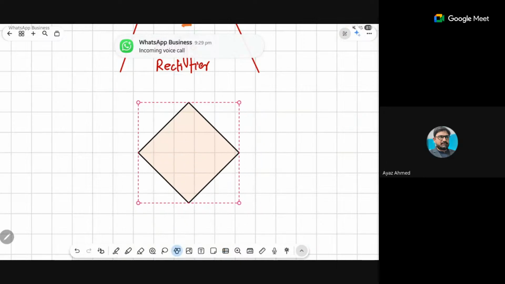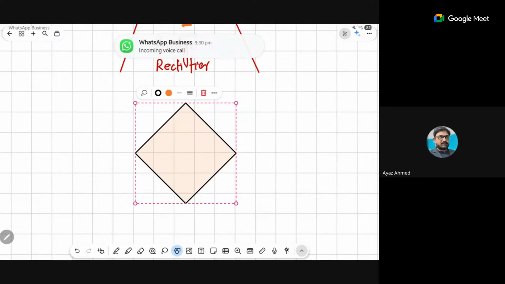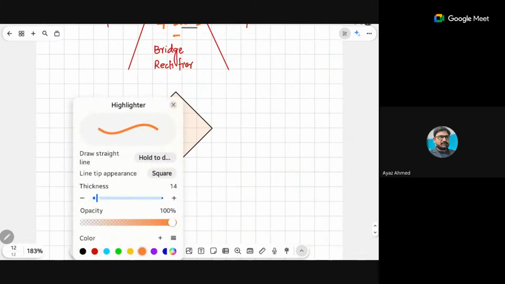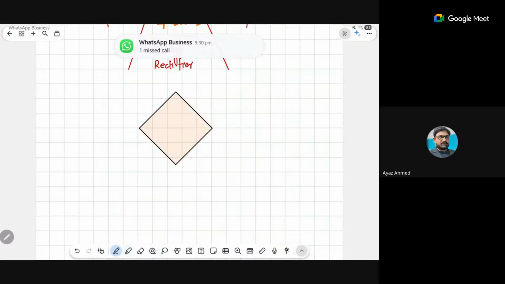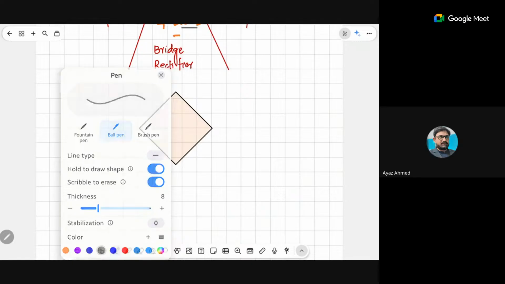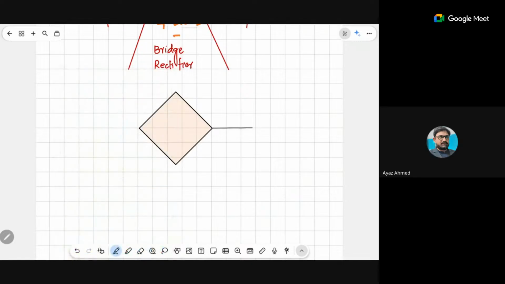Several types of diagrams are used to frame this circuit, but most of the time this diamond structure is used. For this diamond structure, the outputs are at this point. From this terminal we provide the output.